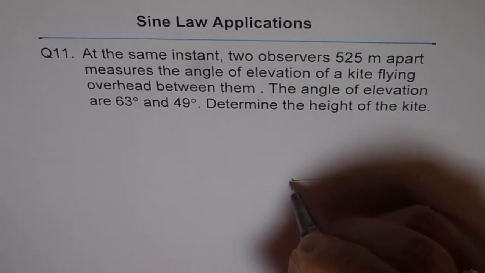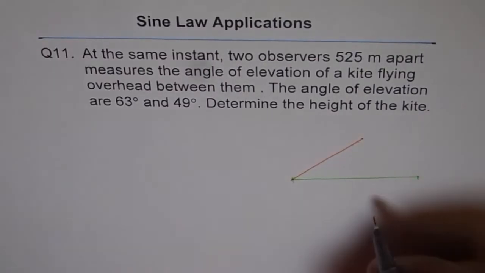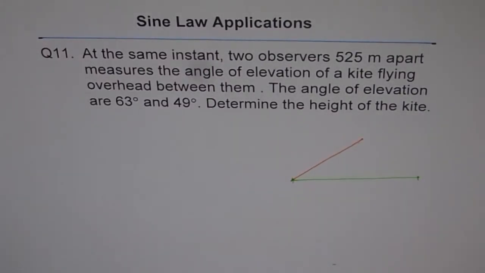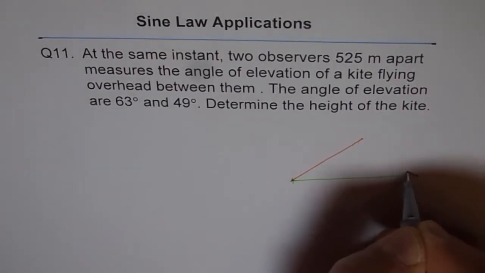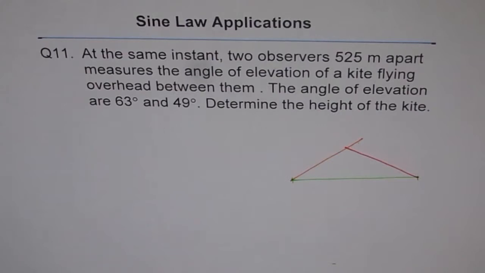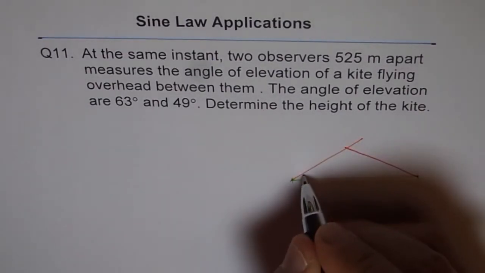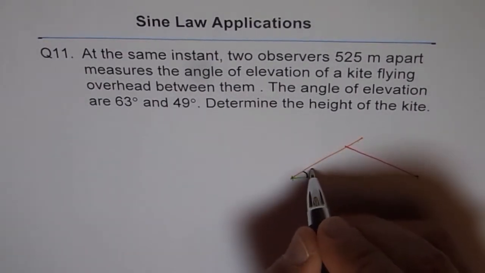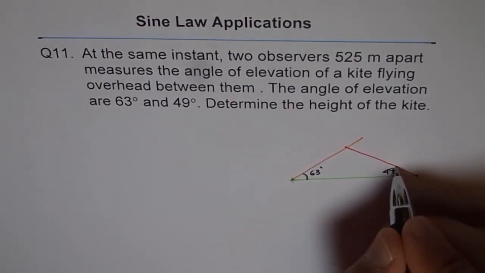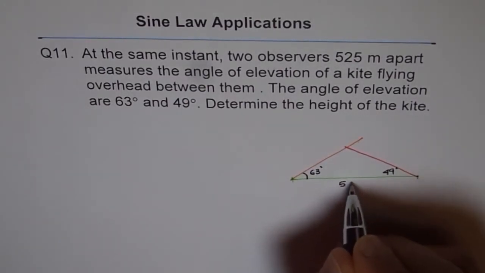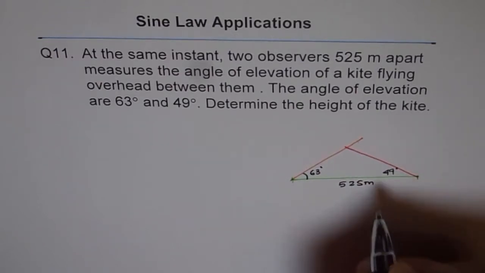So let's assume that for one it is 63 and for the other it is 49, correct? So that is how we can make a diagram. This is 63 degrees and for the other it is 49 degrees, and they are 525 meters apart, right?